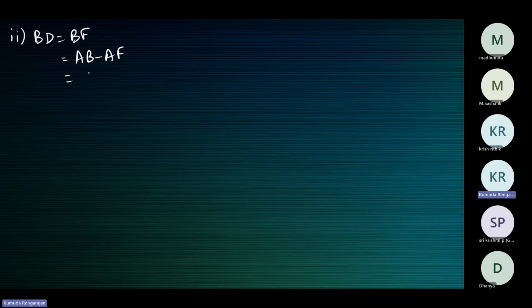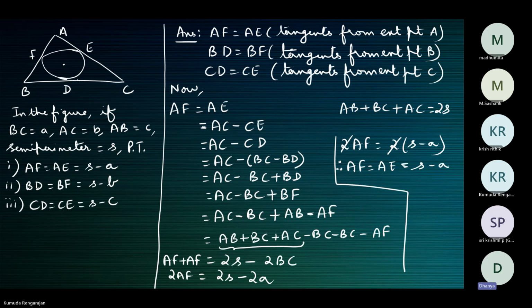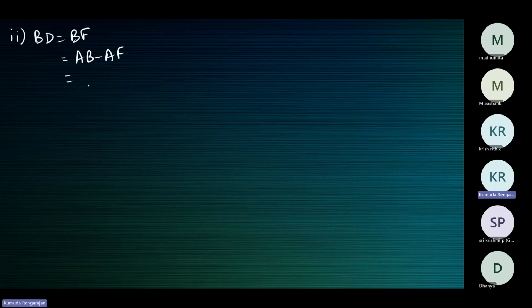So we will not disturb AB, the side of the triangle ABC. Now replace AF. What is AF? AF is equal to AE. So minus AE. Now replace AE. What is AE?